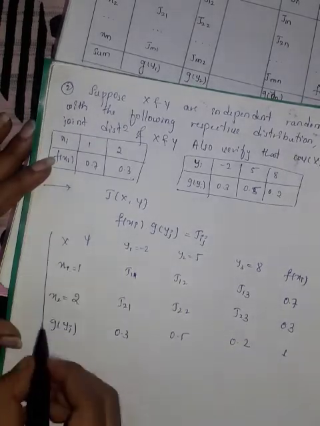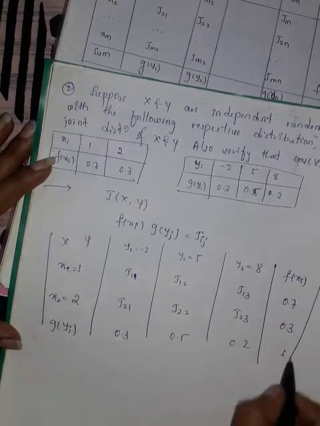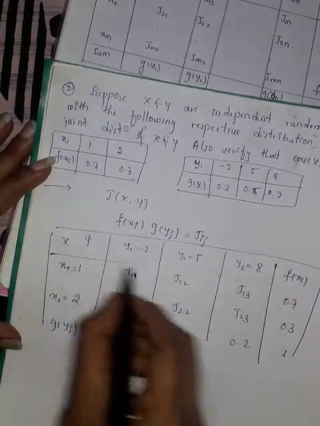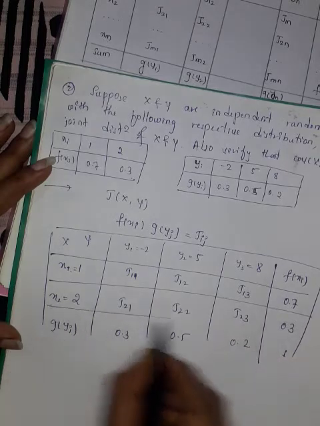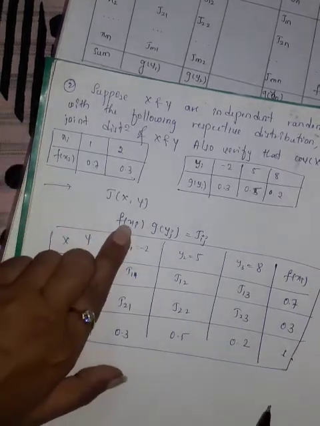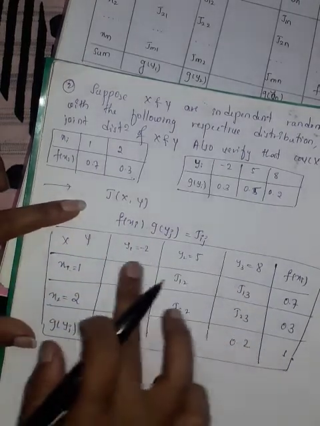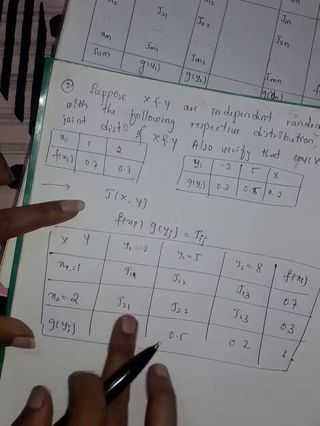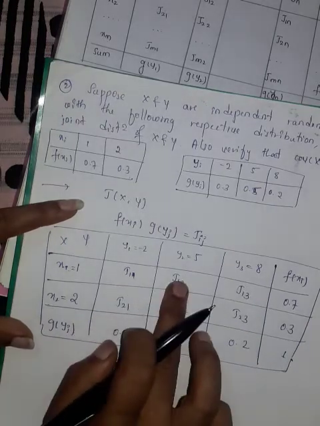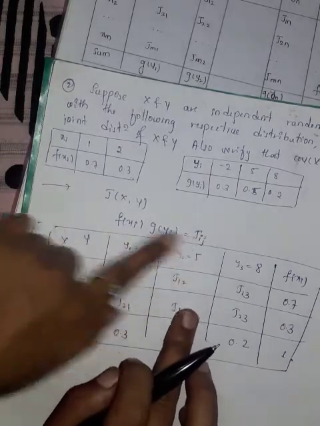This is our required joint distribution table. By using the formula f of xi into g of yj, we can find all these J values. So we can find all j11, j21, j13 by using this formula. So let us see how to find.